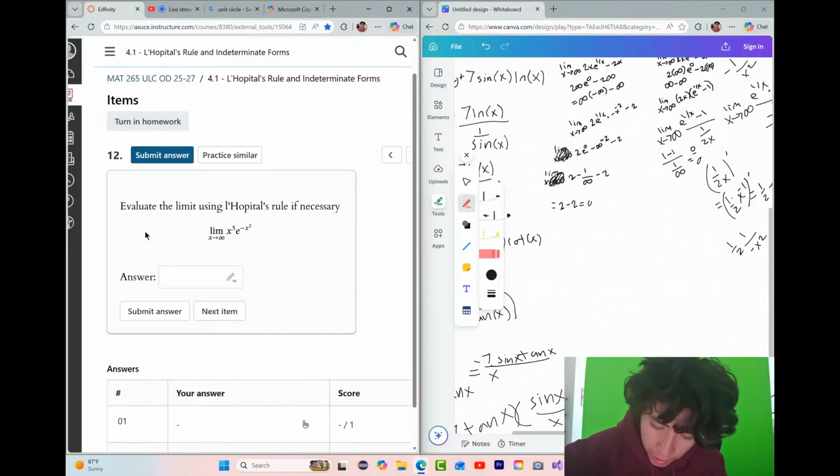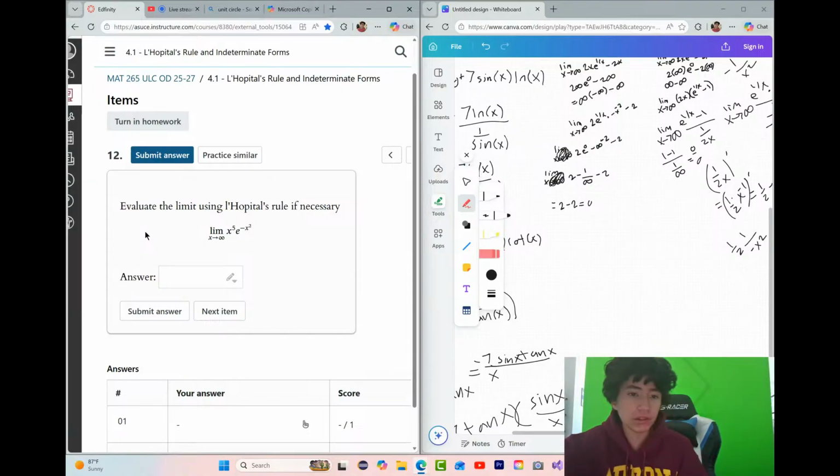So we have the limit as x tends to infinity of x to the power of 5 times e to the power of negative x squared. Now, can we do infinity? Well, let's see.